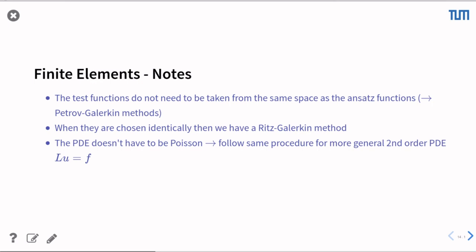If this contains terms which don't have a double derivative on them, then you end up with an asymmetric formulation, because then you don't have a second derivative that you can shift. So then you don't have derivative of a basis function times derivative of a basis function, but something like derivative of a basis function times the basis function itself. Okay, but the general procedure remains.